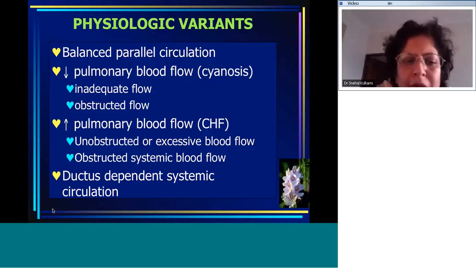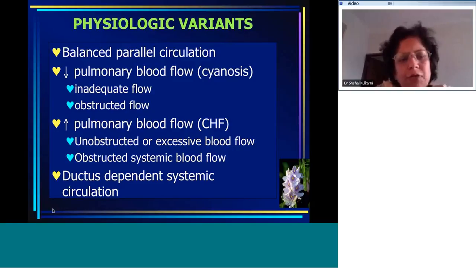That may be because of inadequate flow, that is, a significant pulmonary stenosis, or obstructed flow, that is the pulmonary circulation is atretic, so you may land up with pulmonary atresia, or you may have pulmonary stenosis.